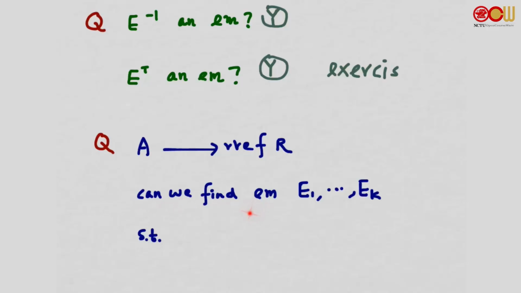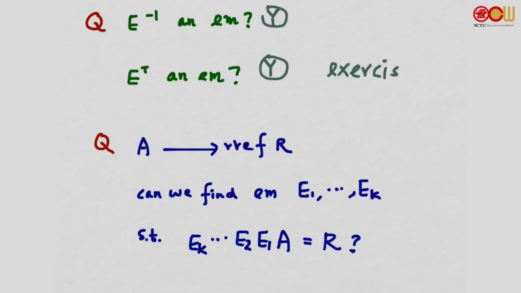Can we find elementary matrices E1, E2 to EK, for some K, such that the matrix product EK to E2, E1, applied to A, gives the reduced row echelon form of A? Is it possible to do that? Pause and think about it.